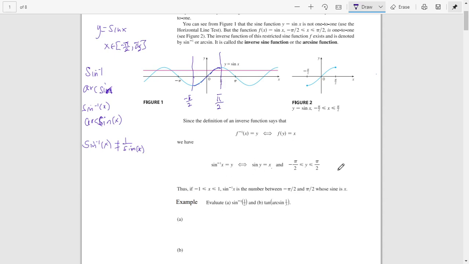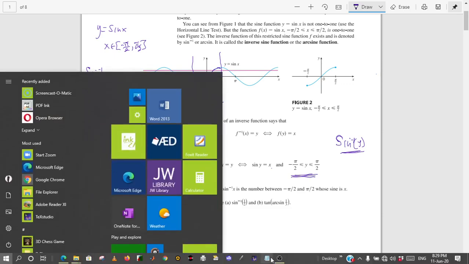Usually we specify the domain that we are talking about. It's important to specify this domain because ordinarily we can't say inverse sine of x, since generally this doesn't exist. So whenever we are talking about inverse sine, have in mind that we are describing it in this particular domain. Outside this domain, the inverse may not exist.